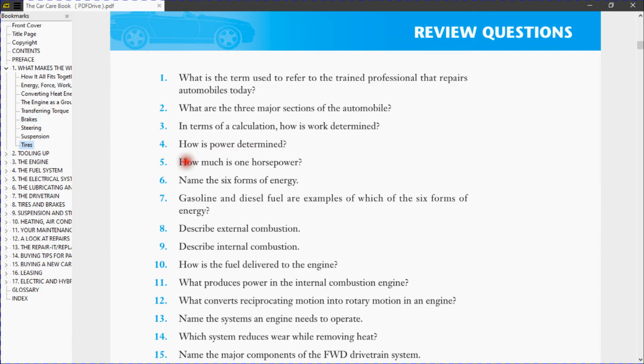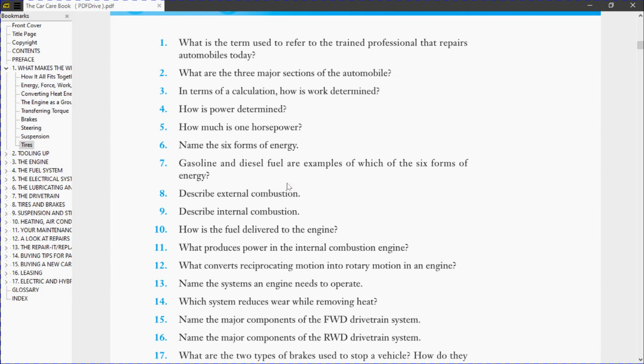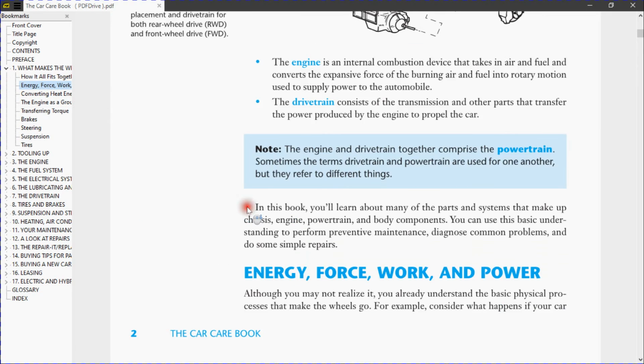And as I told earlier, how much is 1 horsepower? 33,000. If I divide work by time, that will be horsepower. Name the 6 forms of energy: electrical, chemical, light, heat, mechanical, and X-ray. I think I'm right.